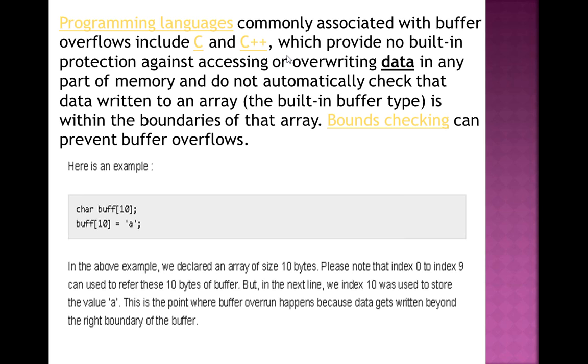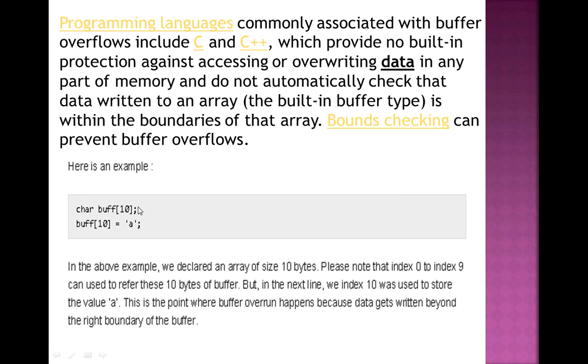So C and C++ do not contain any inbuilt protection feature that controls the buffer overflow, and do not automatically check that data written to an array is within the boundary of that array. Bounds checking can be used to prevent buffer overflow. So bounds checking is one of the methods used to prevent buffer overflow. These are the multiple examples of how we can access or use buffer overflow.